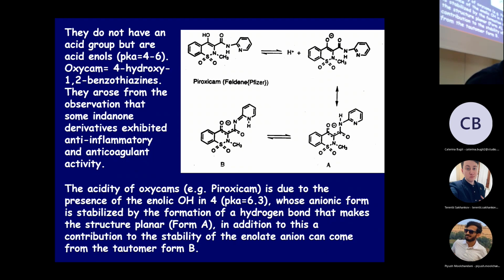In particular, you see the negative charge is delocalized, is distributed on the whole system, and this means that the conjugate base is stabilized by resonance. The negative charge can be delocalized, you see, in all systems.